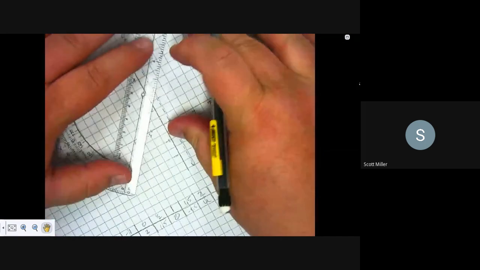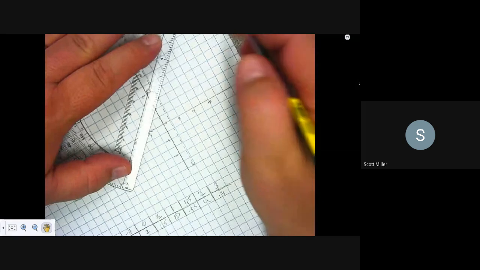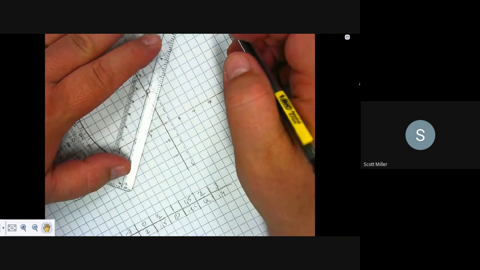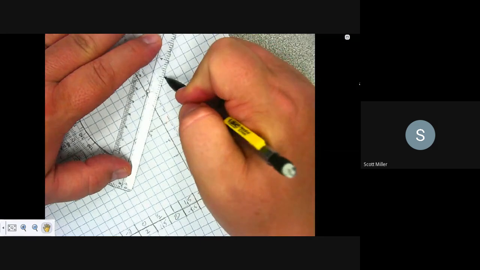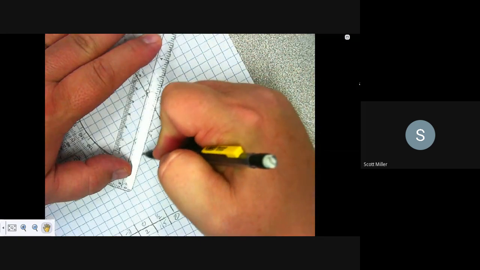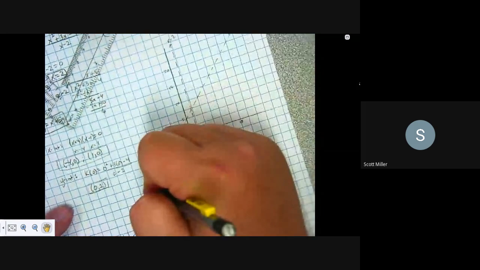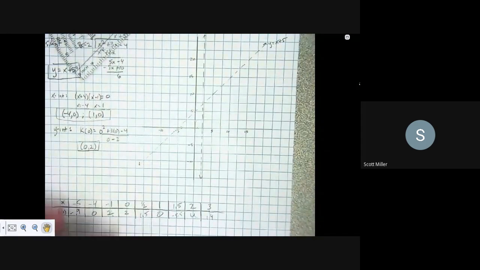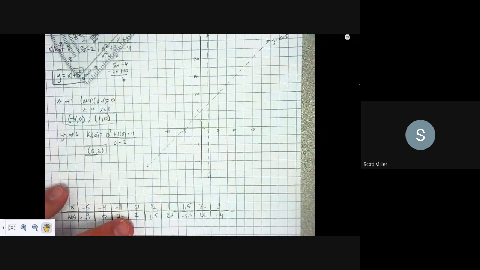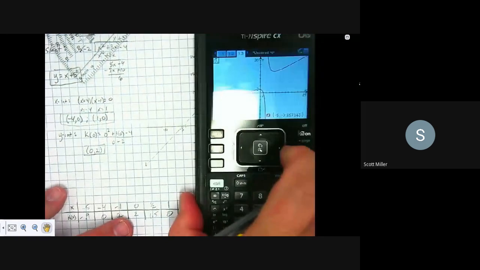Make sure you put it in there and draw it as neatly as possible. Then you draw that down. That is your slant or oblique asymptote, and that is y equals x plus 5. So we saw what the picture looked like right there.